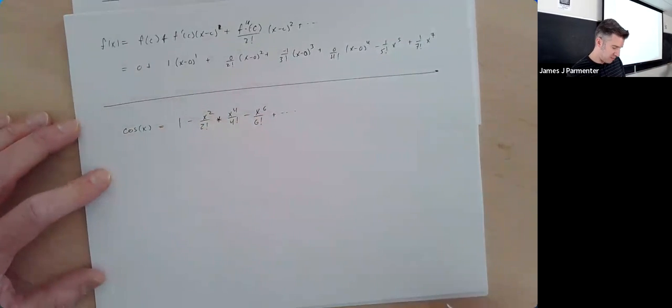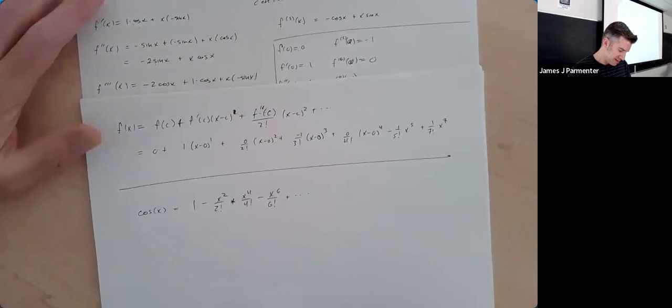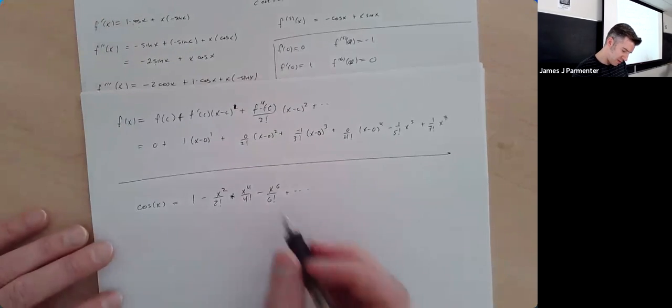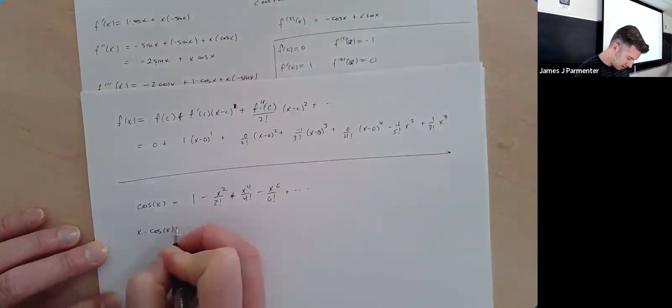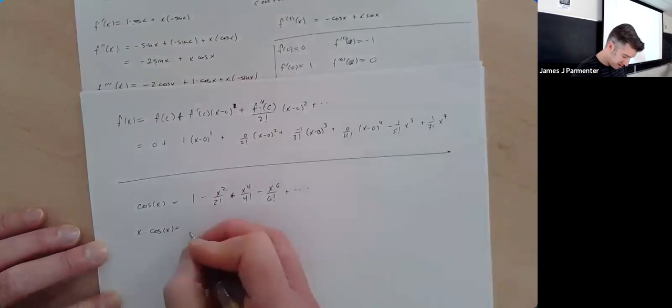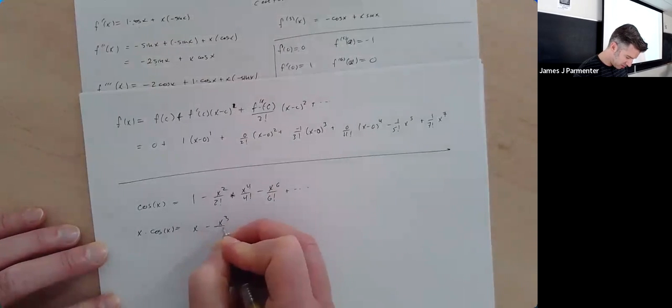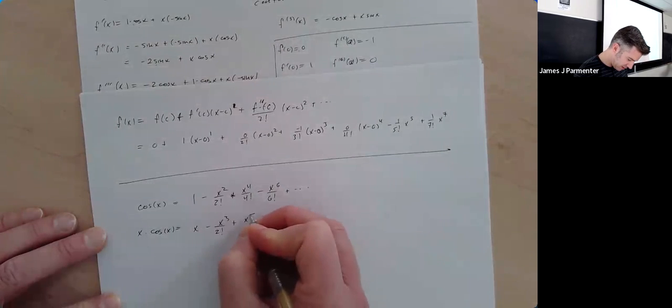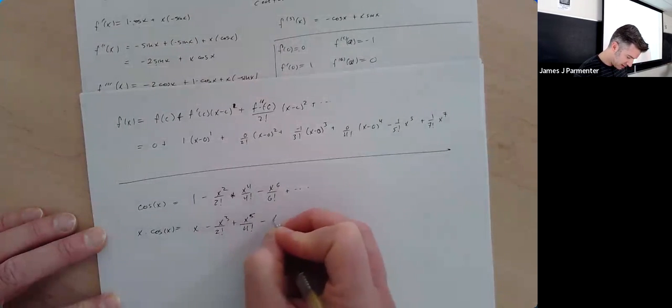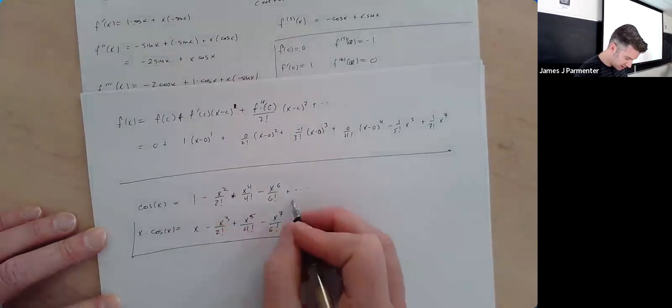So if I then multiply that by x, I'm off somehow. That's okay, we'll figure it out. So x times cosine of x is going to be, just multiply everything by x: x minus x cubed over 2 factorial plus x to the fifth over 4 factorial minus x to the seventh over 6 factorial.